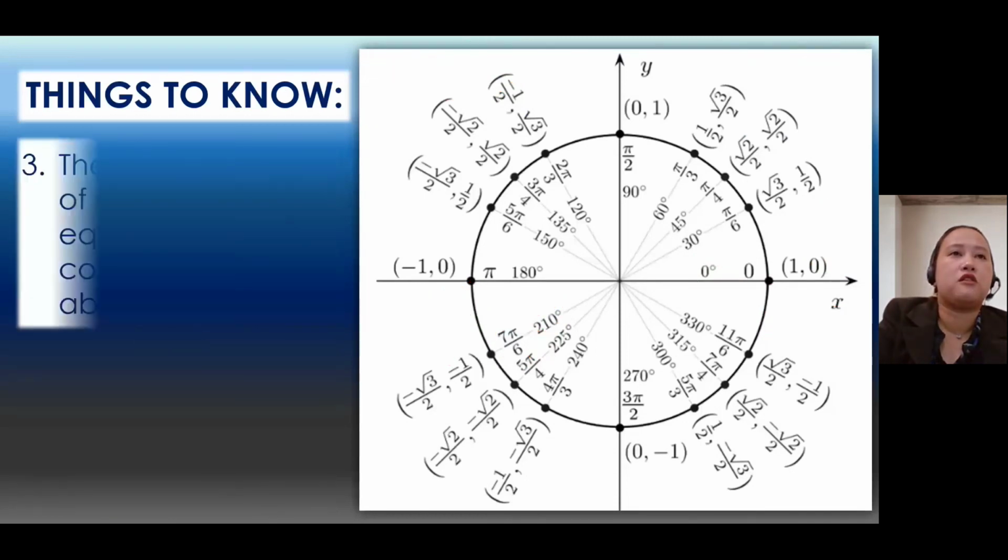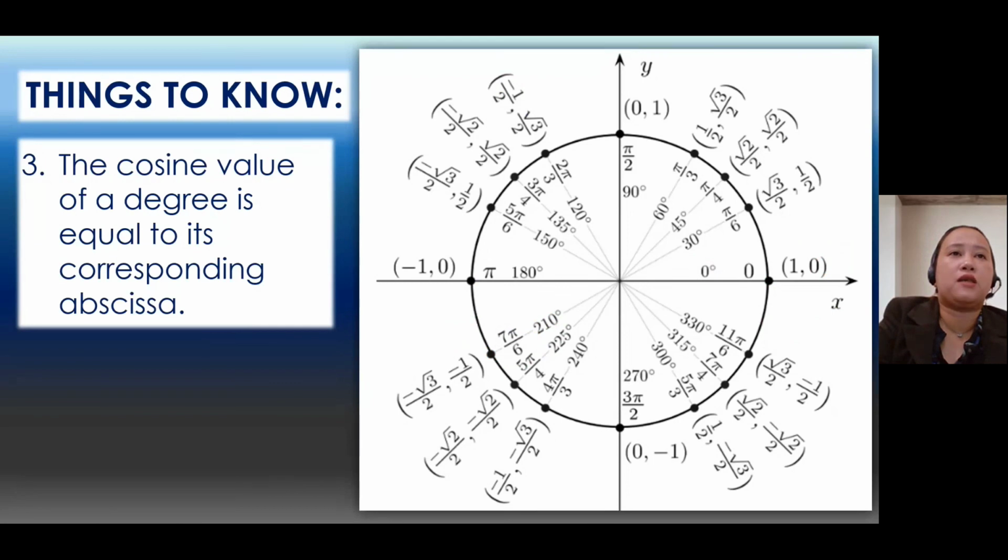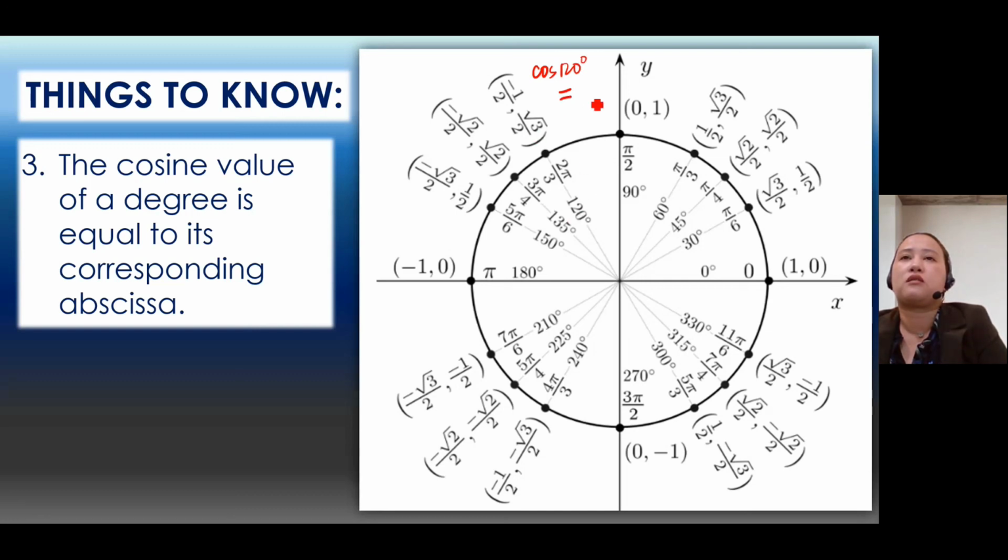Next. The cosine of an angle is the abscissa. Okay. So for example, let us have the cosine of 120 degrees. The cosine of 120 degrees is what? Square root of 3 over 2.